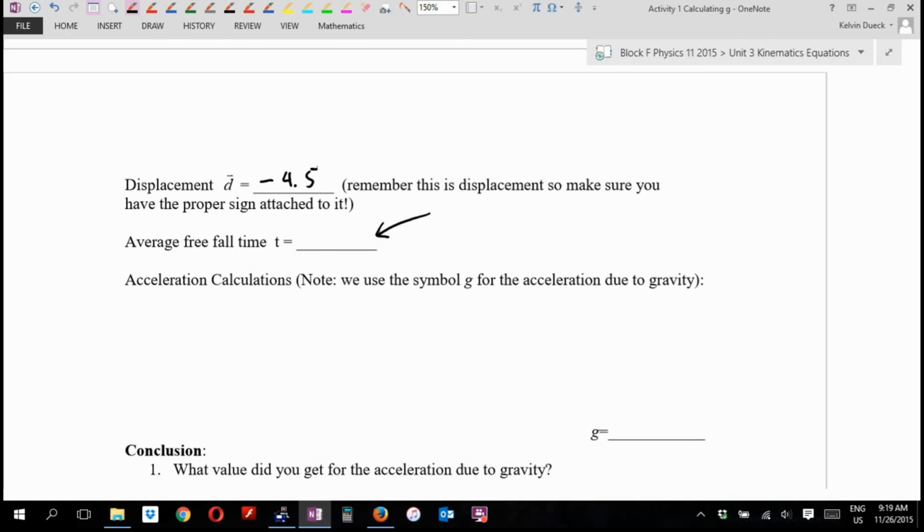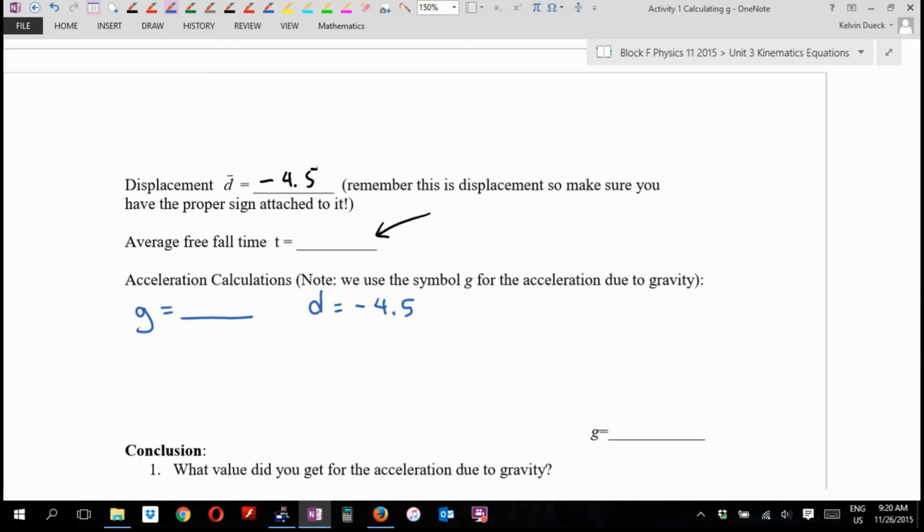Then, I wrote here acceleration calculations. What am I asking you to find? I'm asking you to find A. In fact, if you want, instead of A, you can put G, which I'm going to treat like an A. What else do I know? Did we drop these objects?